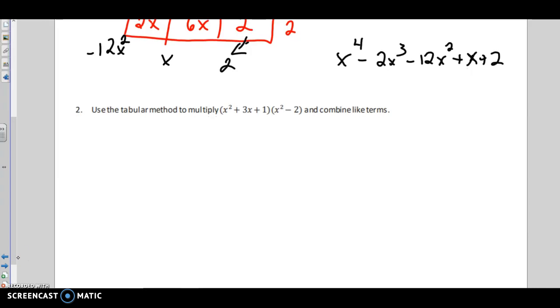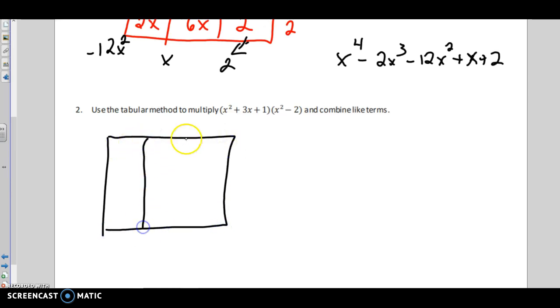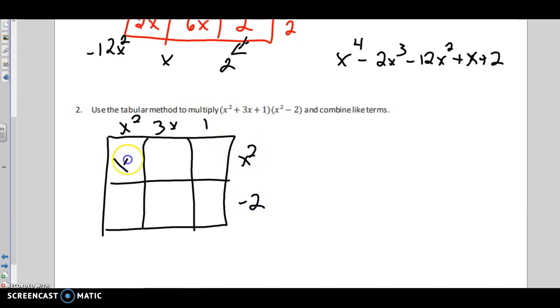With this one, depending on how your organization is, I can do it one of 2 ways. I can do a 3 by 2. And then multiply them out.